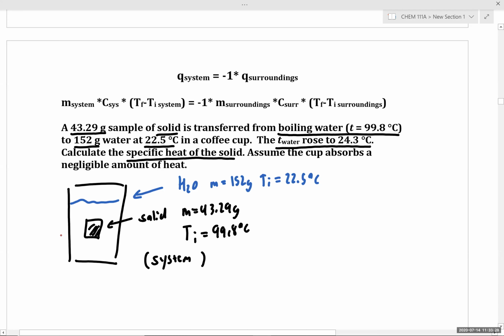And don't be shy to type it in the chat. What do we place our solid into? What is warming up as a result of putting our solid into water? What is gaining that heat?